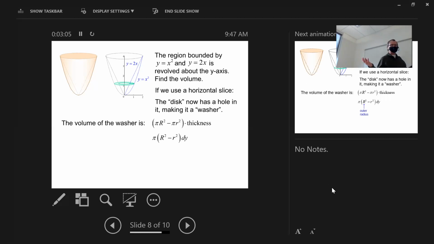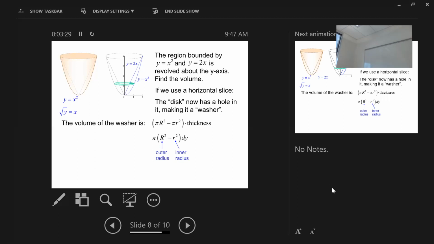Well, they just factored out the pi. You don't have to. So now what? If we're going to do the problem dy, we have to write the function in terms of y. We have to write what x equals in terms of y.